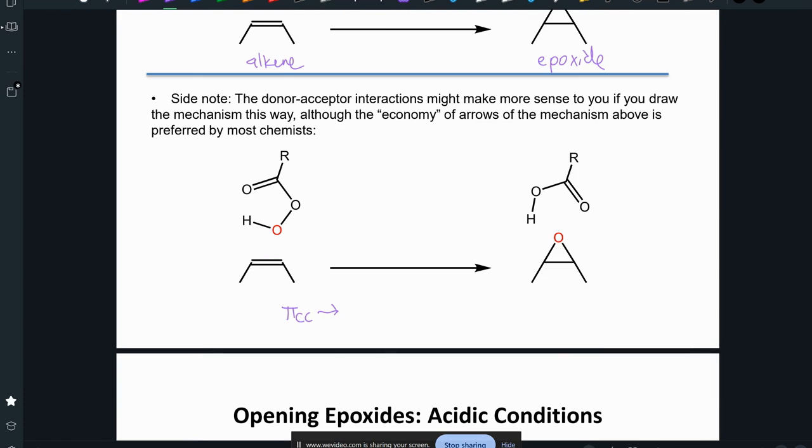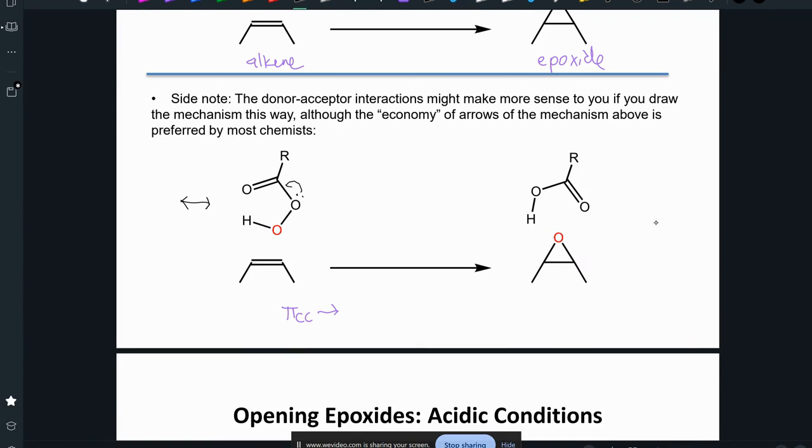One thing I'm going to do before I draw this mechanism is it looks a lot cleaner if I first draw an alternate resonance structure for the peroxy acid. So I could imagine, as a first step, thinking about resonance here.